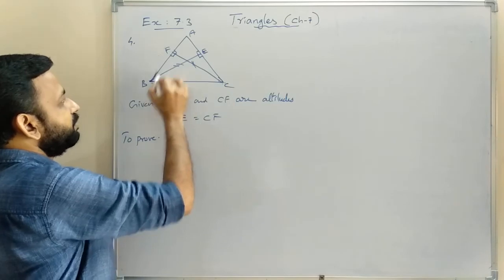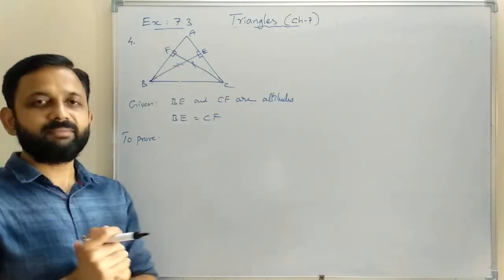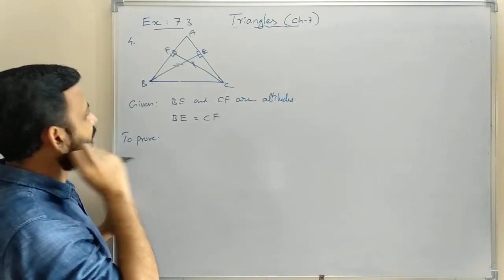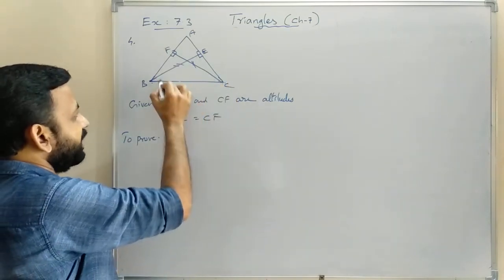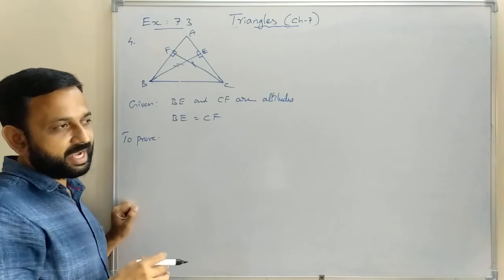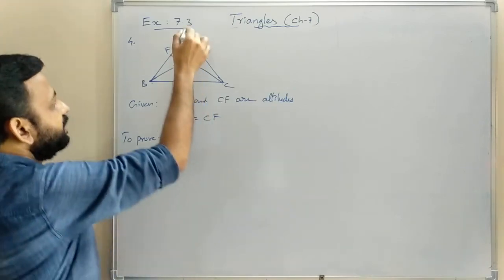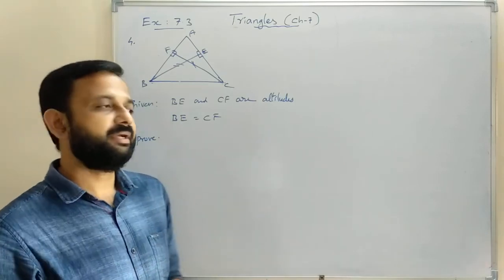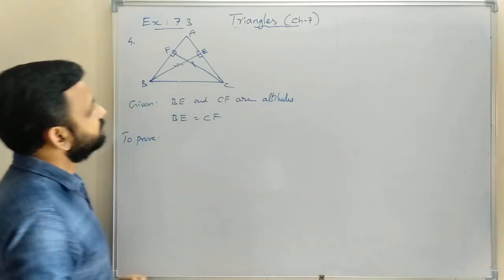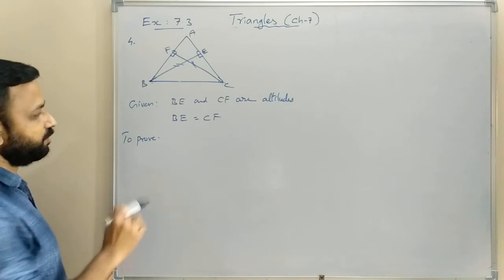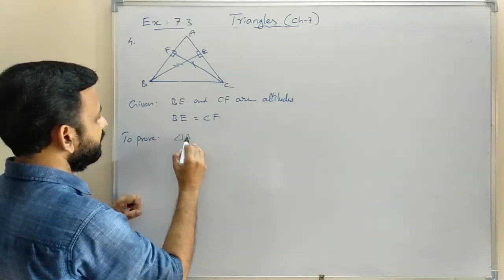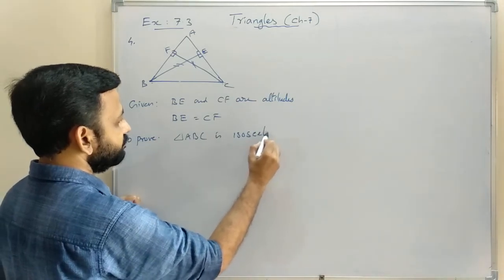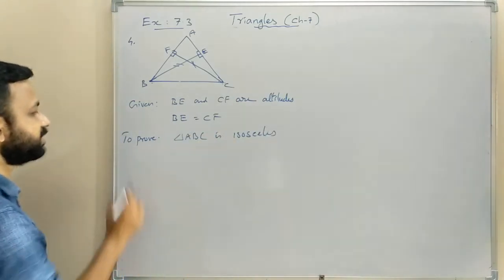We are going to prove that the two triangles are congruent by RHS theorem, and if they are congruent, then the corresponding angles will be equal. Angle C and angle B will be equal, and if angle B and angle C are equal, then AB and AC will be equal. Triangle ABC is an isosceles triangle.